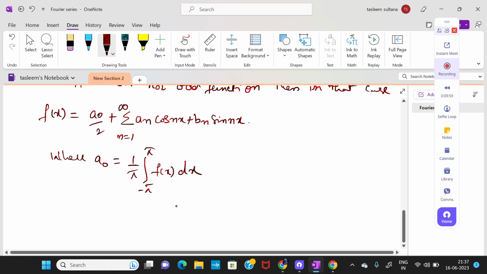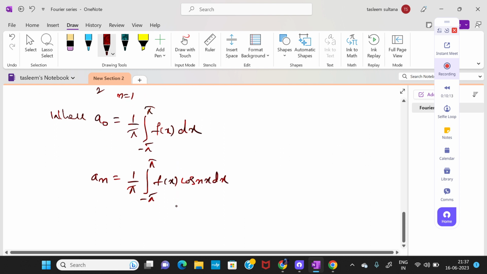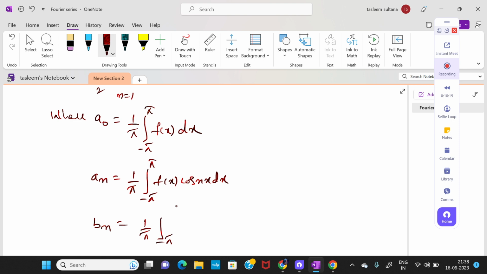Then next will be an. An formula is equals to 1 by pi integrating minus pi to pi f of x into cos nx into dx, and your bn is equals to 1 by pi integrating minus pi to pi f of x into sine nx into dx.